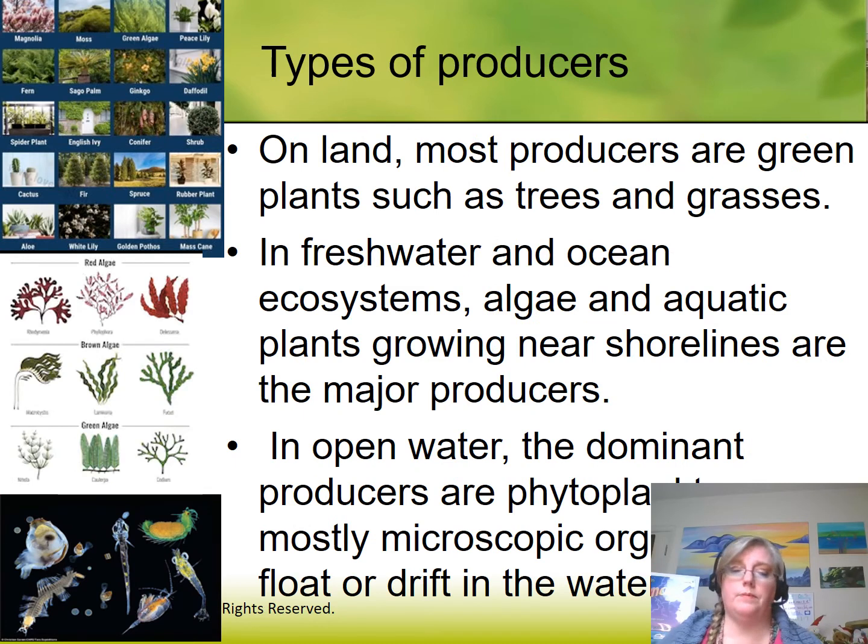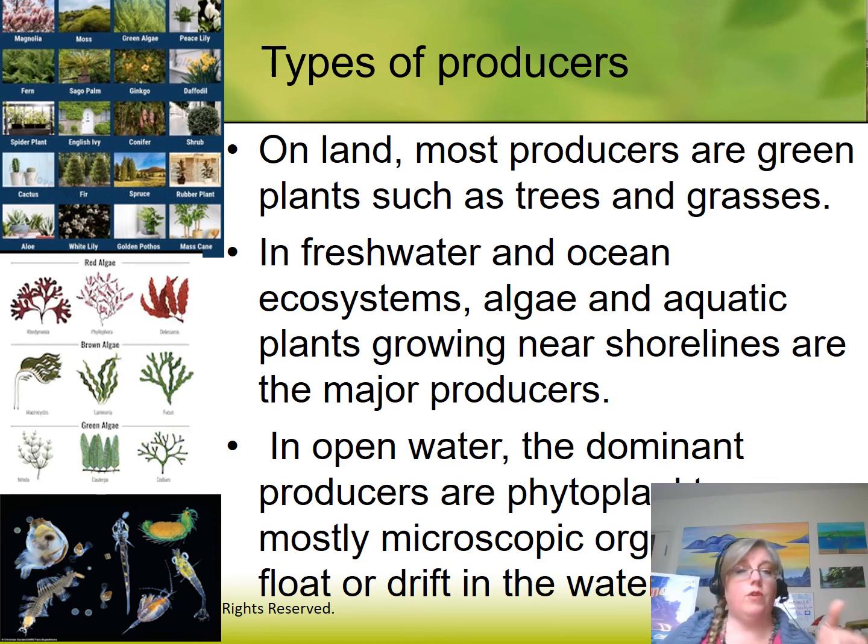You'll still need it. Okay, now the different types of producers. We have producers on land, which are mostly the green plants and trees and grasses. Then producers in freshwater and ocean ecosystems near the shore, okay, algae and aquatic plants living near the shore. And then out in the open ocean, the dominant producers are phytoplankton. Phyto for light, plankton, like SpongeBob's buddy. Okay, phytoplankton.